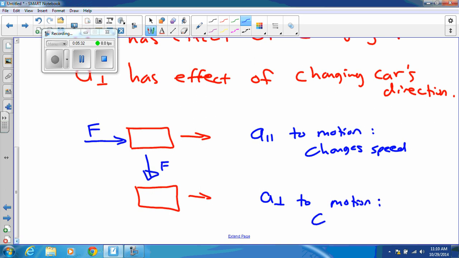So acceleration perpendicular to the motion changes the direction. And the cool part about this is that we can evaluate these components independently of one another and then put them together into one vector at the very end. And it's not too hard to do. Does everybody understand the parallel perpendicular distinction? Does it make sense, physical sense?